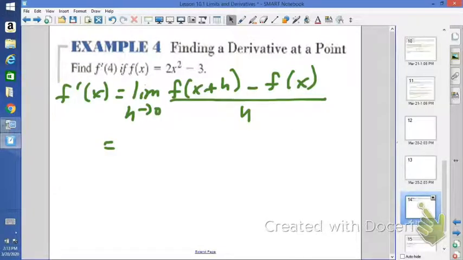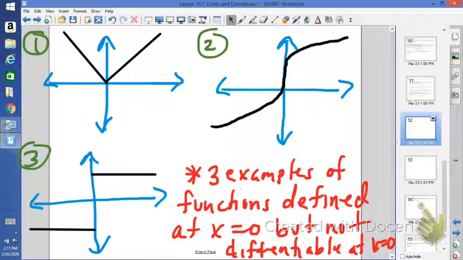Now, real quick, I wrote down 3 examples, and you want to add this to your guided notes because this is important. These are 3 examples of functions defined at x equals 0 but not differentiable at x equals 0.